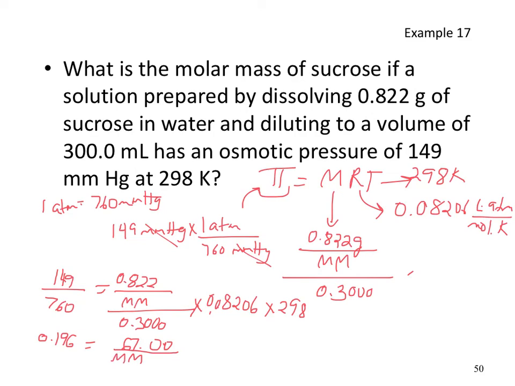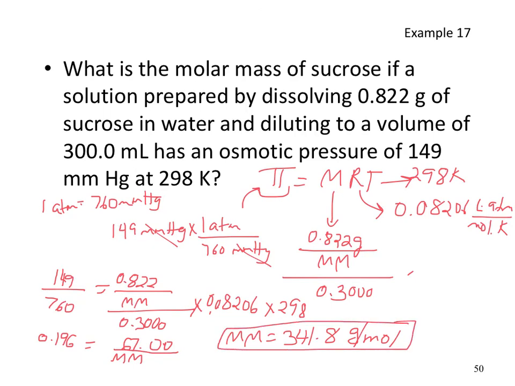And so cross multiply. When you divide the 67.003 by 0.196, the molar mass comes out to be 341.8 grams per mole. So again, you can do it stepwise, or you can consolidate however you want to do it, but I wanted to show you how to plug in the numbers.